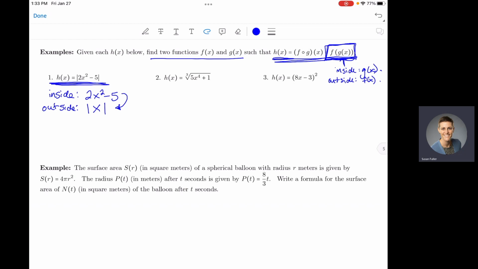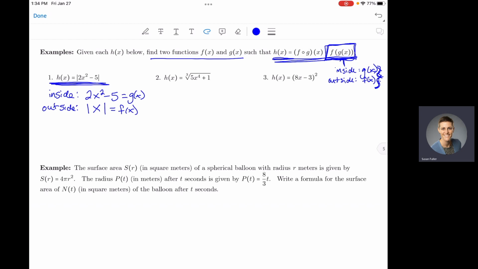So here our inside function is 2x squared minus 5, and our outside function is going to be the absolute value of x. And we are told here how to label them as f and g. Our inside function is g of x, and our outside function is f of x.